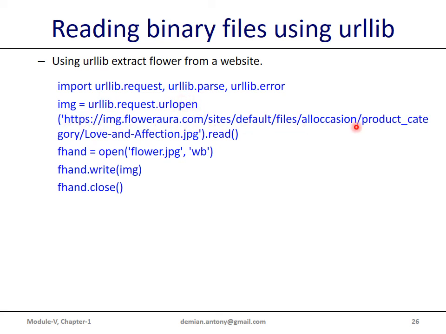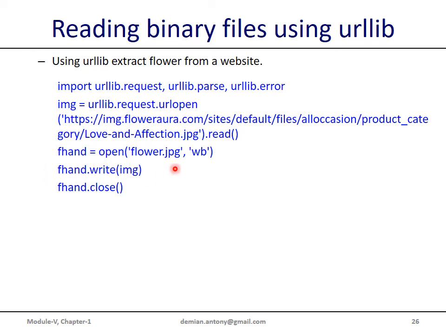This is the fully qualified path of that image, and we read the entire contents of the image and put it onto the file that is being created for writing. So this is how you can read one image at a time from the website.